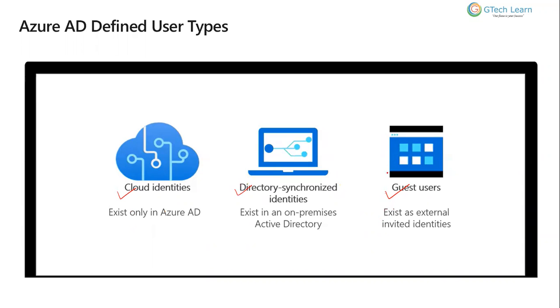Now let me tell you one scenario. For example, I have one organization, fabricam.com, and inside my organization I have one on-premises server present. That's okay. And this is my Active Directory Domain Services, and here I have a few users available like Ram, John, Sham, and this is my company Fabricam.